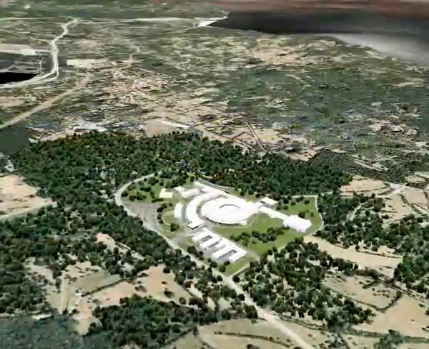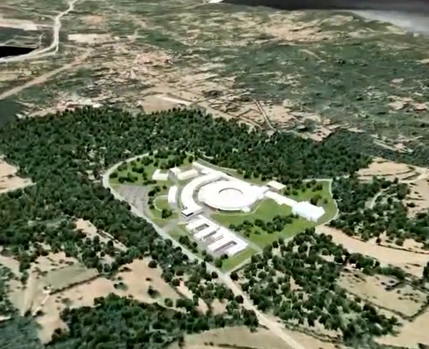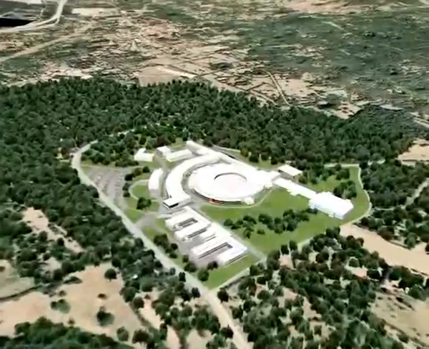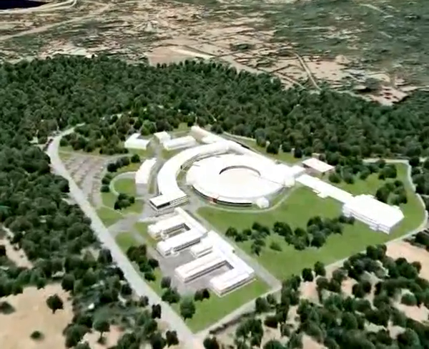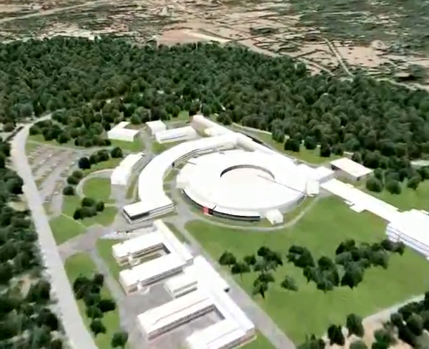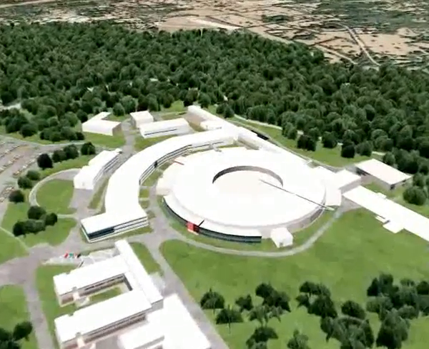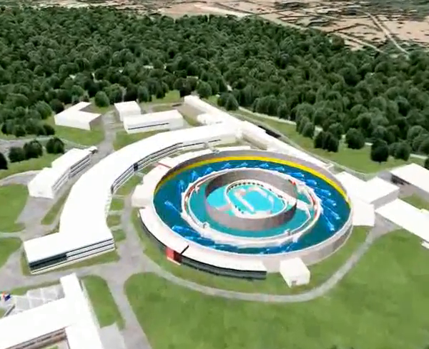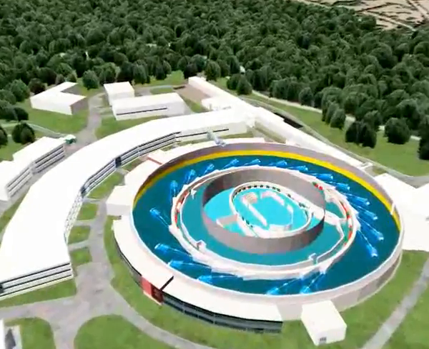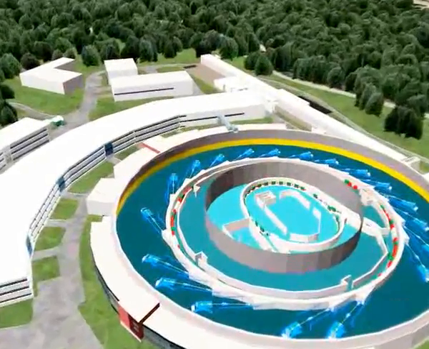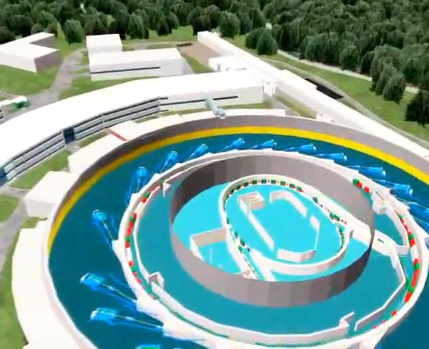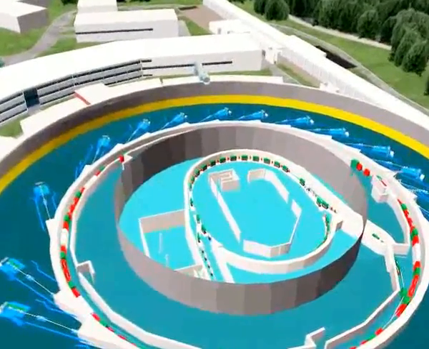The Elettra Laboratory is located not very far from Trieste, on the Carso near the town of Basovizza. It was built to produce an exceptionally bright light, synchrotron radiation, a tool that enables researchers to detect structural details of materials otherwise invisible.